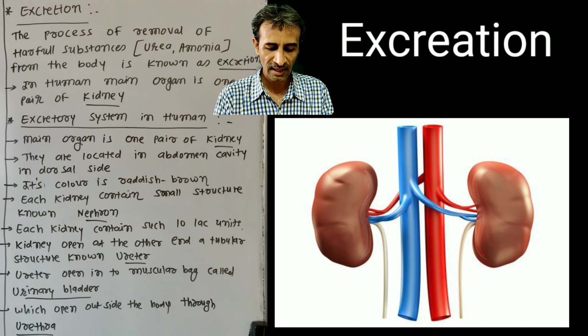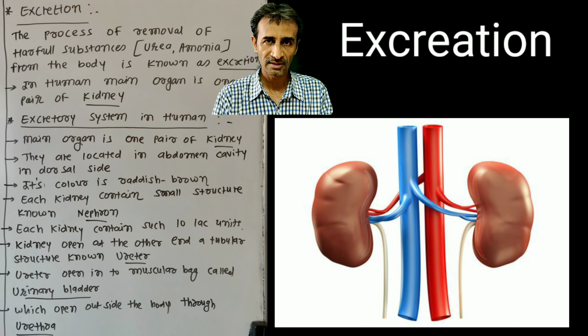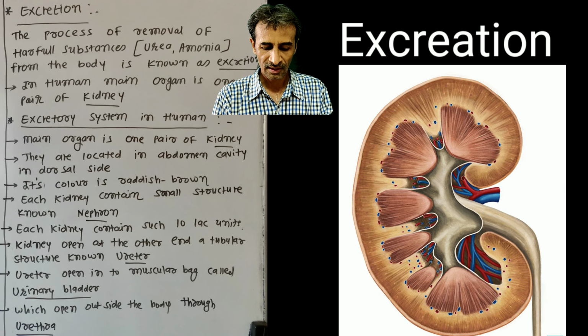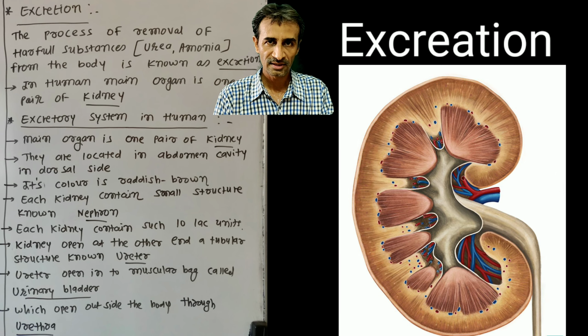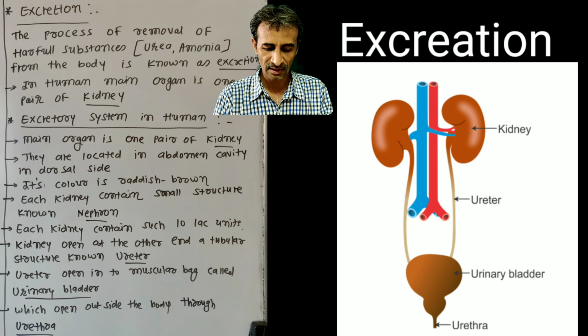The kidneys are located in the abdominal cavity on the dorsal side. Their color is reddish brown. Each kidney contains small structures known as nephrons. Each kidney contains about 10 lakh such units. The kidney opens at the other end into a tubular structure known as the ureter.